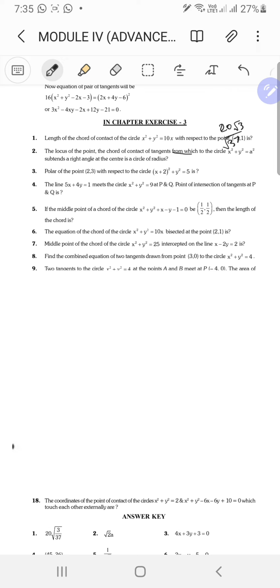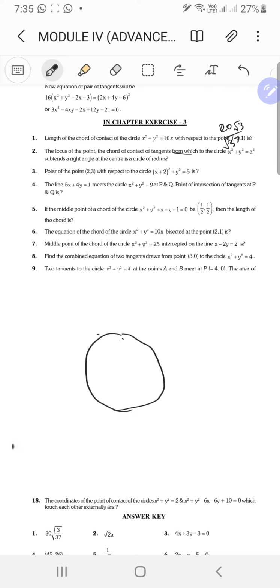Okay, so wait a second. The locus of the point from which the chord of contact of tangents to the circle subtends a right angle at the center. Oh, that's easy.